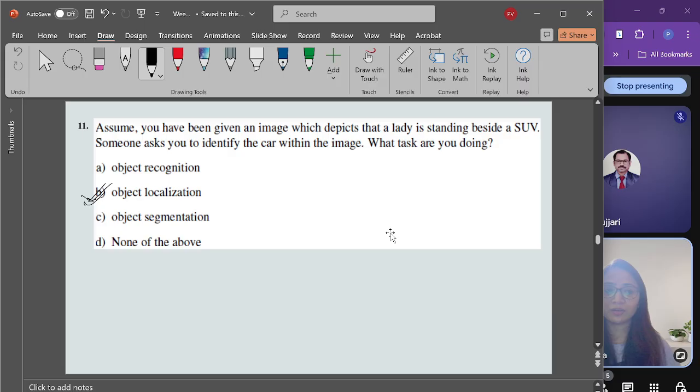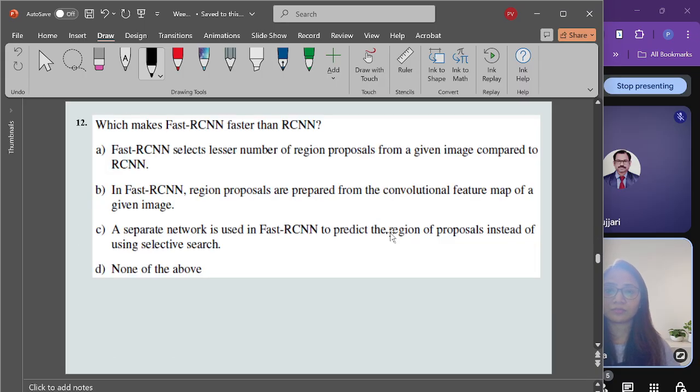Okay, so moving to our next question now. The next question is: which makes Fast RCNN faster than RCNN? Option A, Fast RCNN selects a lesser number of region proposals from the given image compared to RCNN. Option B, in Fast RCNN, region proposals are prepared from the convolution feature map of a given image. Option C, a separate network is used in Fast RCNN to predict region proposals instead of using selective search. Option D, none of the above.